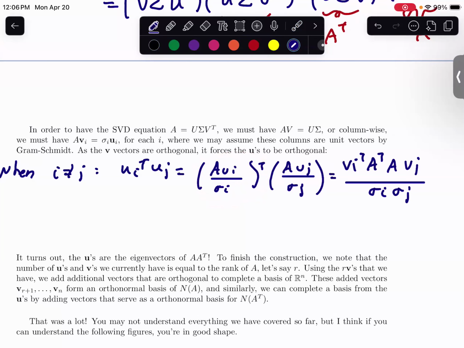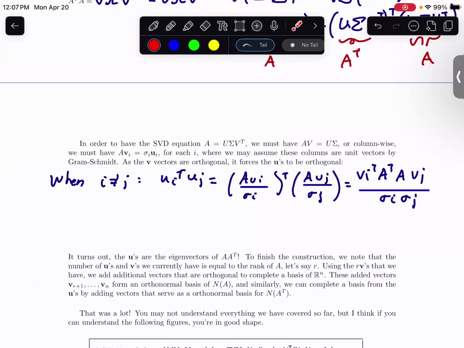We can make use of the fact that, by definition, the matrix V has column vectors that are the eigenvectors of A transpose times A. So if we have A transpose A times vj, this is an eigenvector of A transpose A, so you can write it as a scalar multiple of vj. This ends up being vi transpose times either λj vj, or in terms of sigma, σj squared times vj, over σi σj.